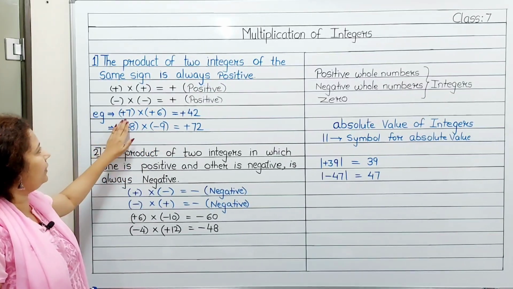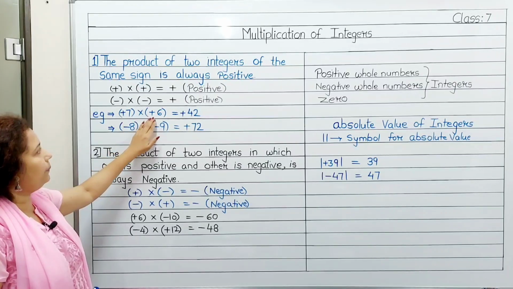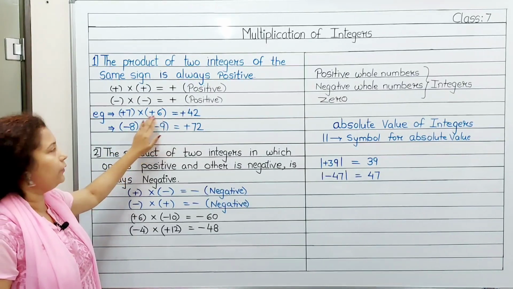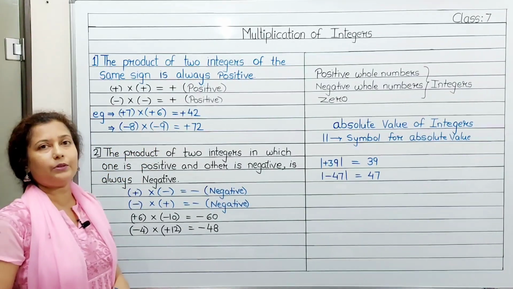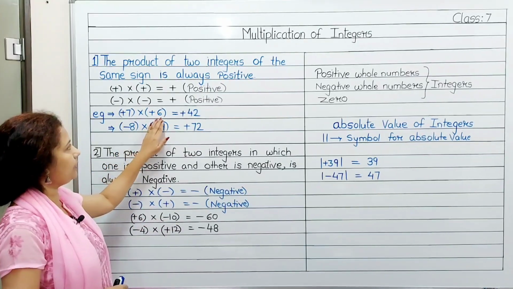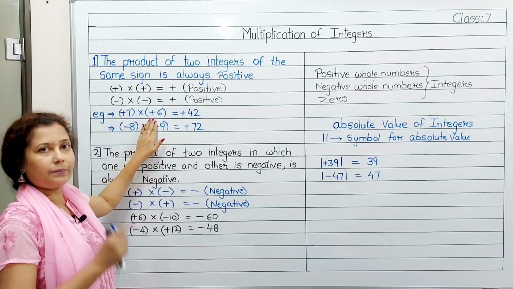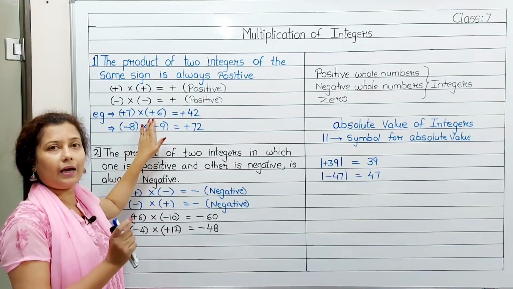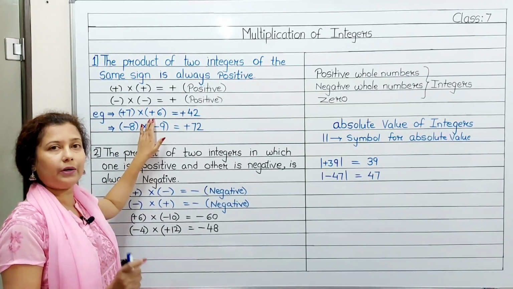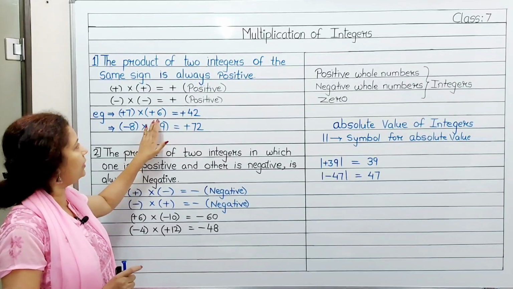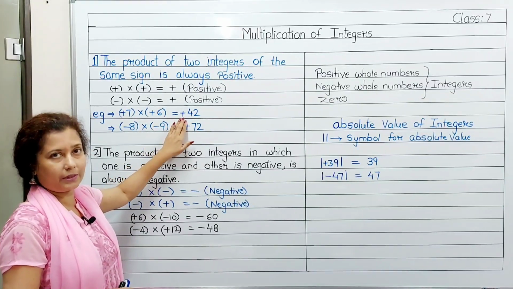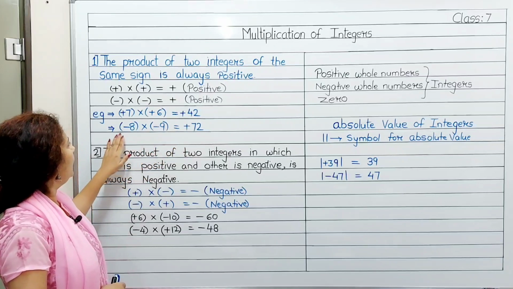For example, plus 7 into plus 6. So here, first we will multiply the absolute values, that is 7 into 6 is 42. Plus and plus into plus, both are having same sign, so the product will be a positive integer. So the sign will be positive or plus.